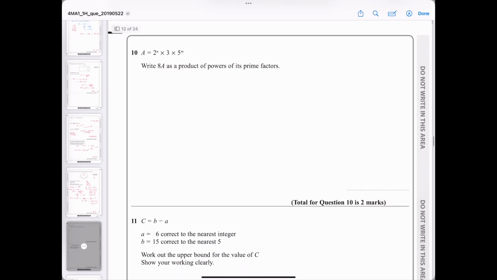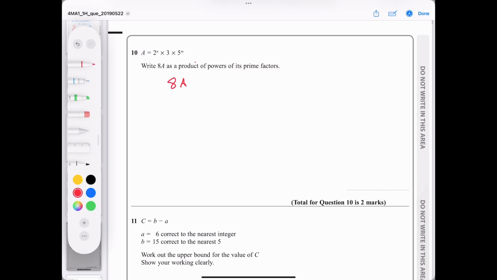Right. This is something that's really peculiar to IGCSE. It's this sort of indices question, where usually you're looking at highest common factor and lowest common multiple, but in this case we're doing A equals 2 to the power n times 3 times 5 to the power m. And what they're asking us is, if it's 8a, what do we do to this?